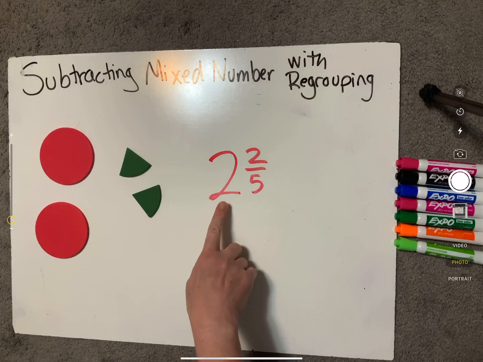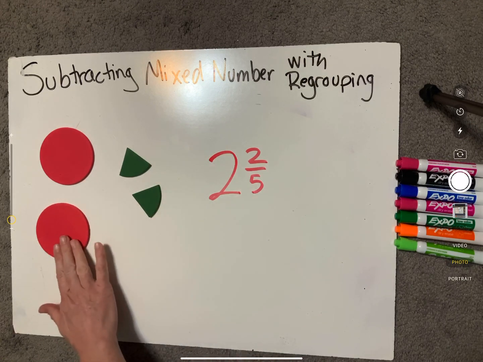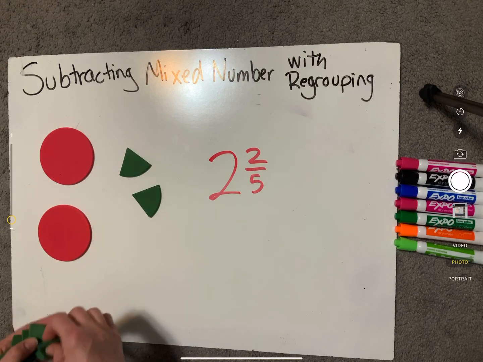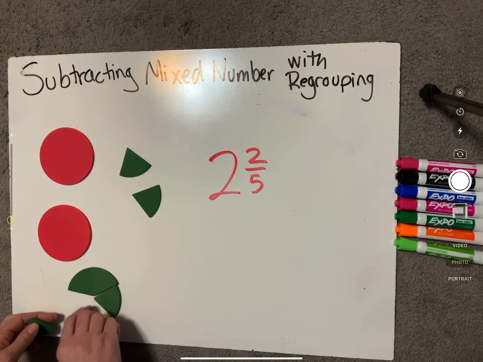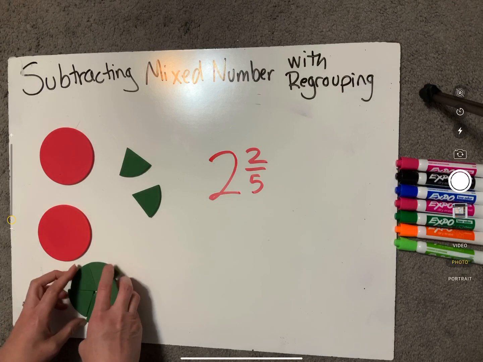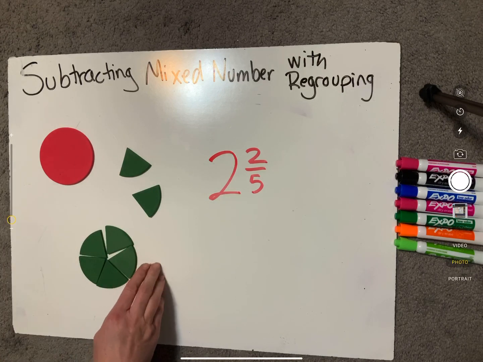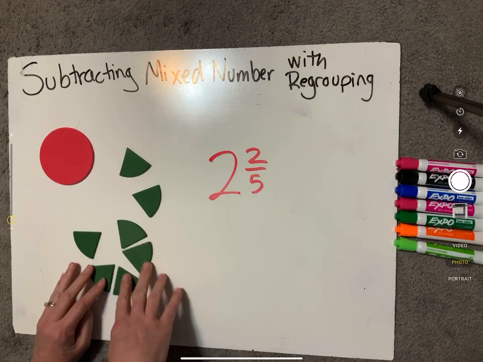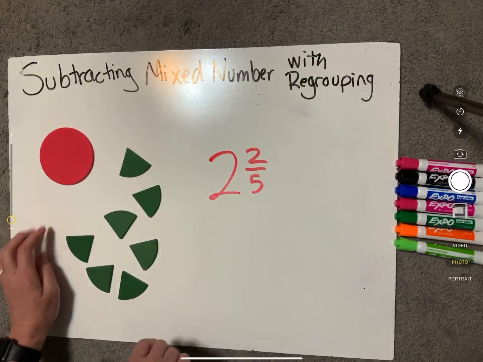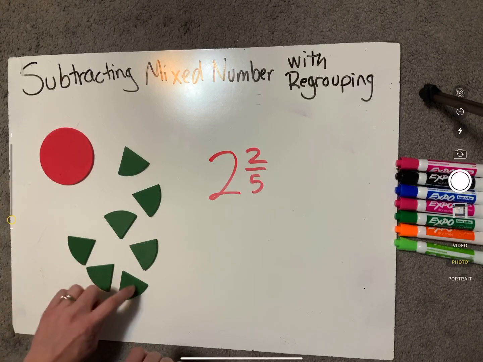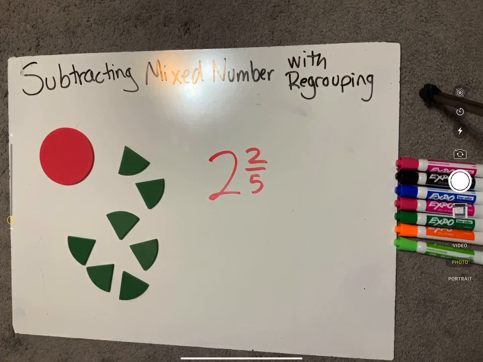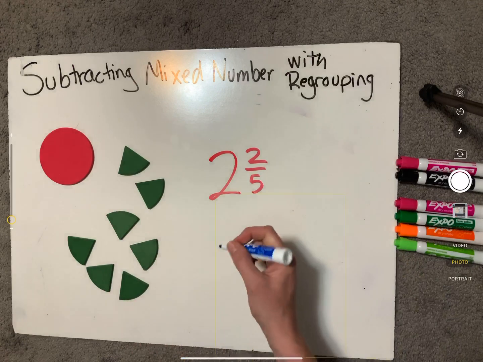So we're going to take this 2 and 2/5 and regroup the whole number. I can take 1, 2, 3, 4, 5 fifths and trade it in for that whole. So now instead of 2 and 2/5, I have 1 whole and 1, 2, 3, 4, 5, 6, 7 fifths.